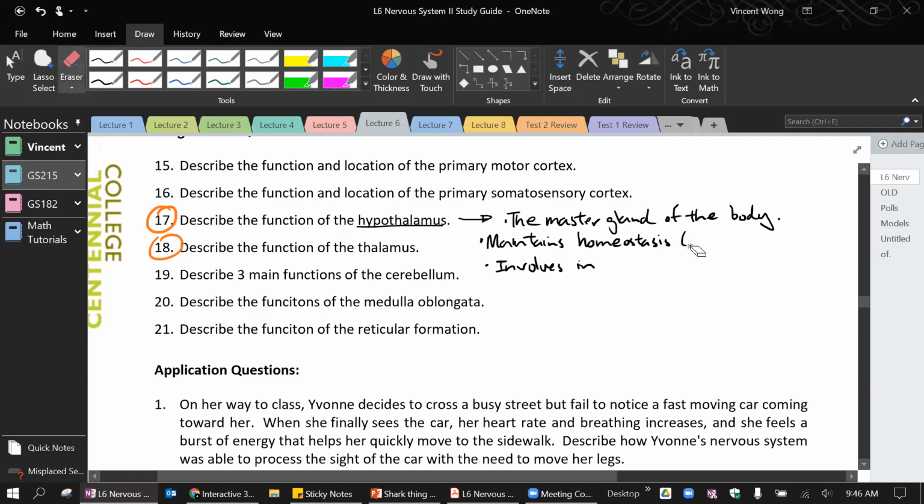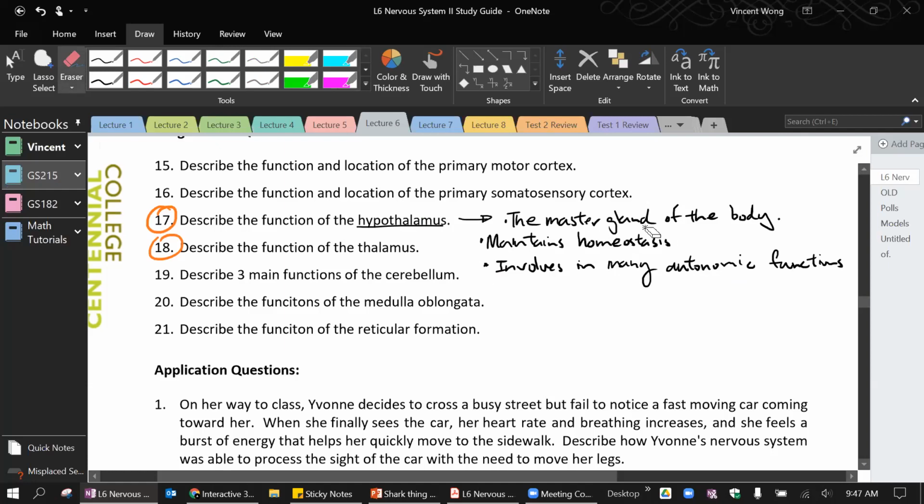So like internal balance, right? It is involved in many autonomic functions, such as the sleep-wake cycle, your water balance in the body, contraction during labor, all that stuff involves the hypothalamus.